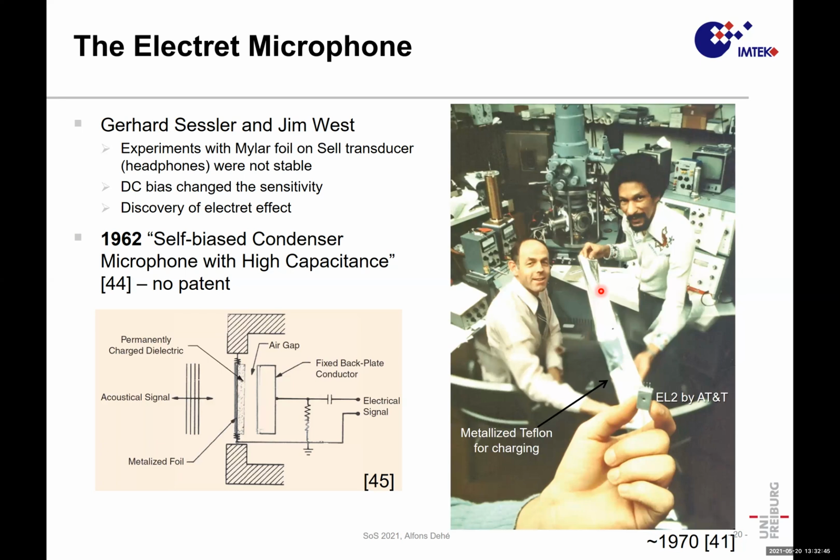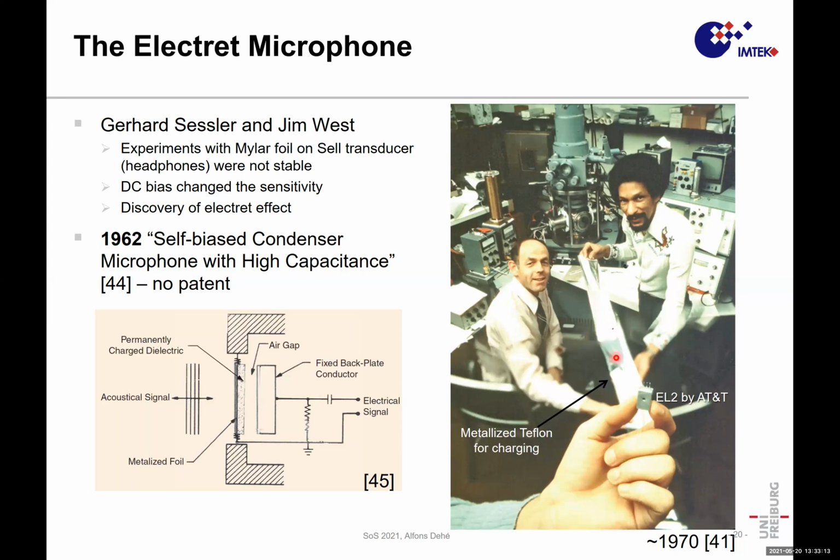And they discovered that when they tested the headphone the first day and the next day and later on, the sensitivity of the headphone was changing. So it was not so sensitive after you used it for a while. And they had to find out what the reason for that was. Finally, they found that in the metallized foil, there was charge stored.